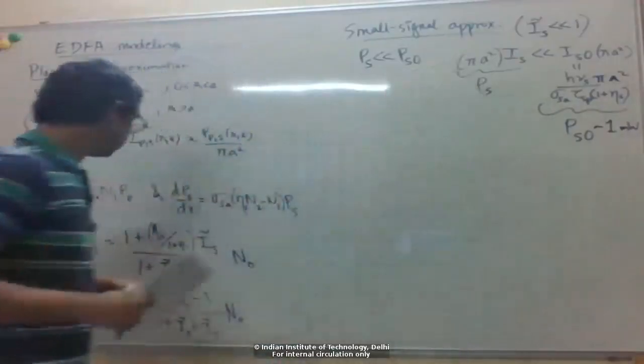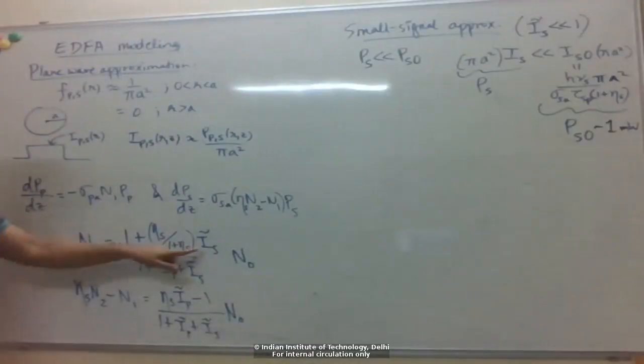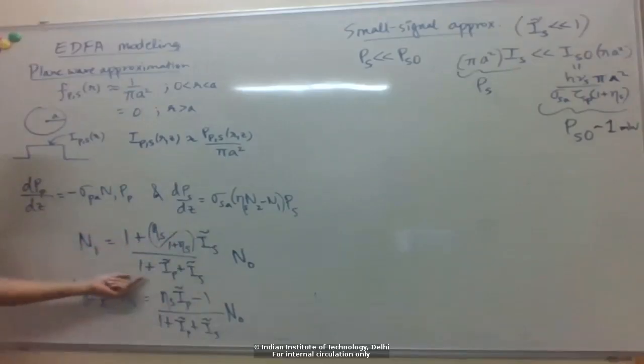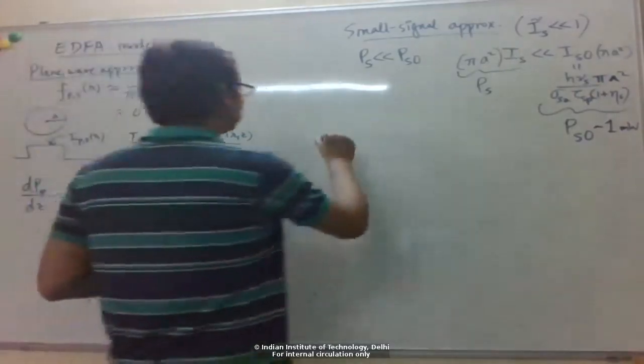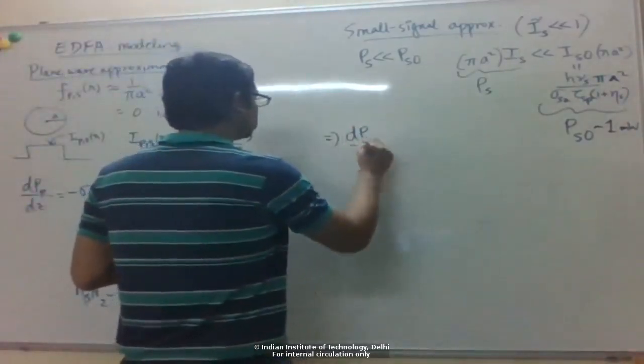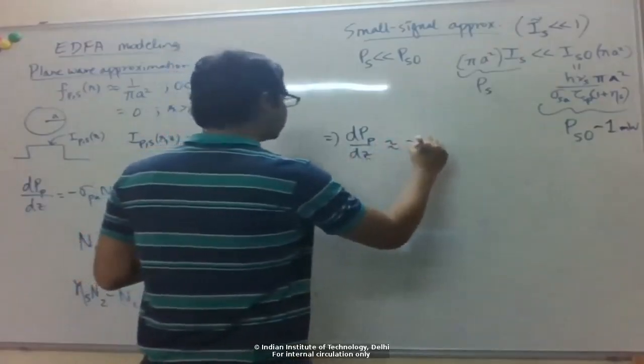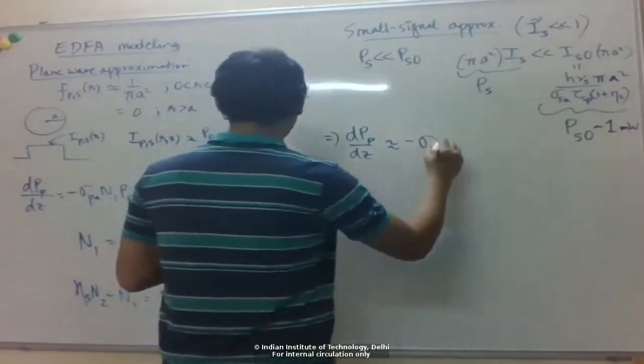So basically, in this equation for N1, we just neglect IS tilde. The numerator just becomes 1, and the denominator just becomes 1 plus IP tilde. So the equation for the pump power simplifies a lot.